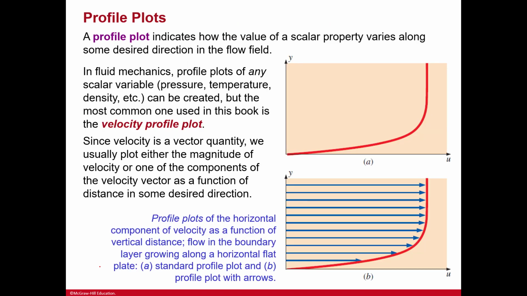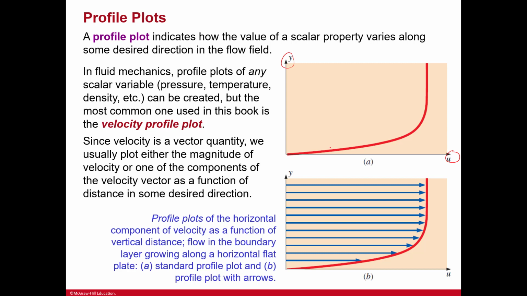So here's a profile plot. It indicates how the value of a scalar property varies along a desired direction. So you have this on a U, Y here. And so we have down here at the bottom, in fluid mechanics, profile plots of any scalar variable, and we're talking pressure, temperature, density, can be created.